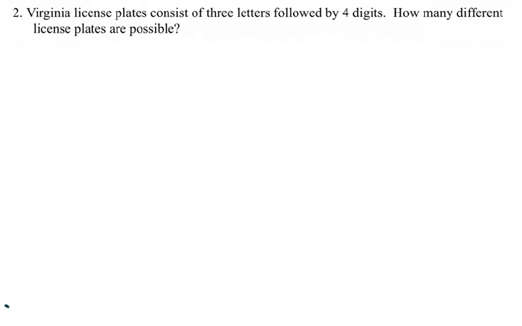Okay, so this one is very similar. Virginia license plates consist of 3 letters followed by 4 digits. How many different license plates are available? So here's what I'm going to do. Here's how many ways I could choose the first letter, the second letter, the third letter.